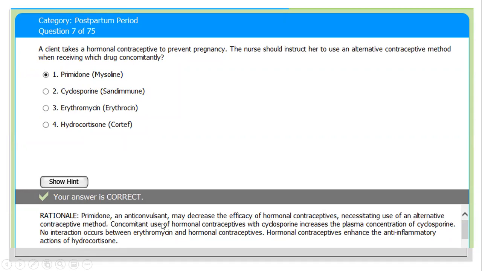Concomitant use of the hormonal contraceptive with cyclosporin, which is an immunosuppressant, increases the plasma concentration of cyclosporin. No interaction occurs between erythromycin and hormonal contraceptives. Hormonal contraceptive increases the anti-inflammatory action of hydrocortisone.